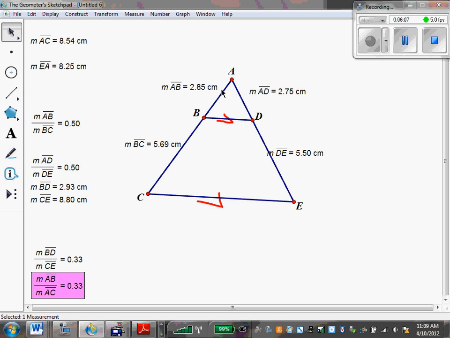So this little triangle ABD is similar to triangle ACE, and they have parallel sides, and the two triangles, the smaller one and the larger one, have the ratio of basically 1 to 3.